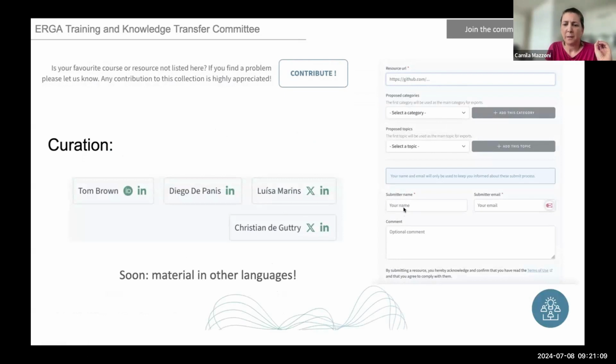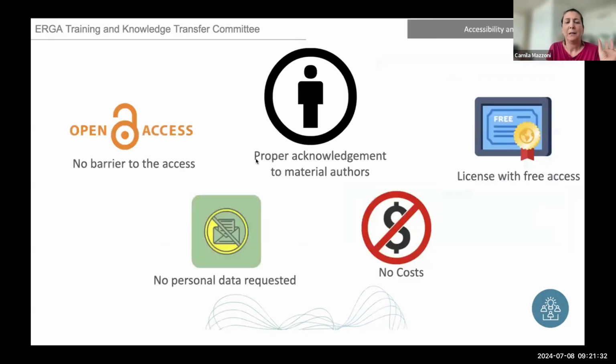They're submitting their name as the submitter, an email, and some comments. They also have to choose a type of license that they want to put this material under. And all of this information, so the metadata, is going to be curated and the material is going to be assessed by one of the curators just to make sure that everything is in place and it fulfills some of the requirements that we have.